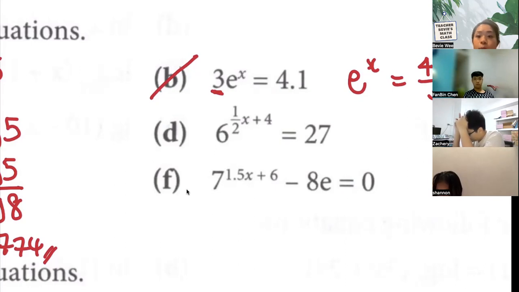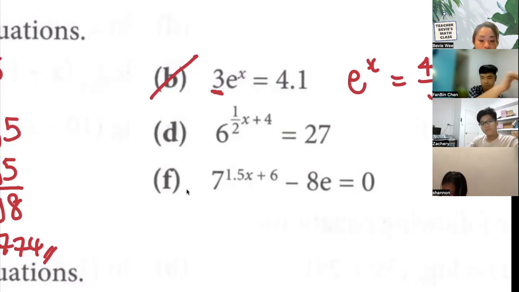My answer is 0 point something one. Okay, Pampin, your smile means what? You got it. Send it to me. Okay, Pampin got it.